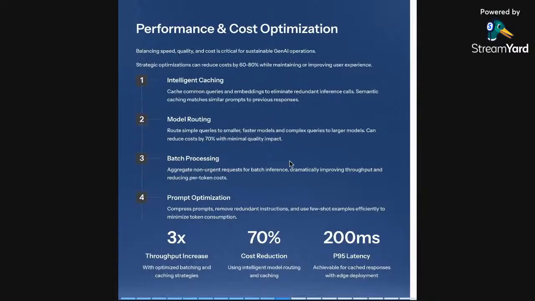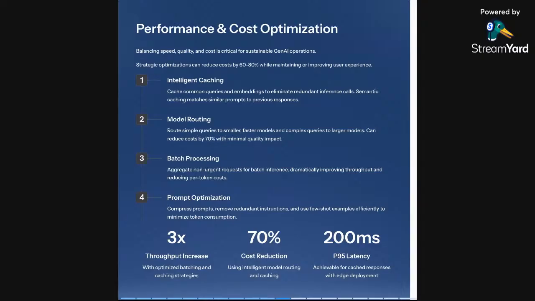So while we practice these MLOps practices for deployment, if you want to measure performance and cost optimization, we have different metrics that we want to measure. We can balance speed, quality, and cost, and that makes cost effectiveness more sustainable while performing those GenAI operations.